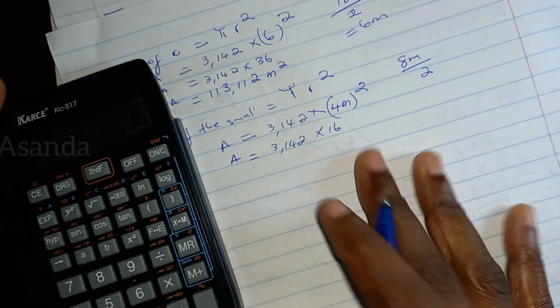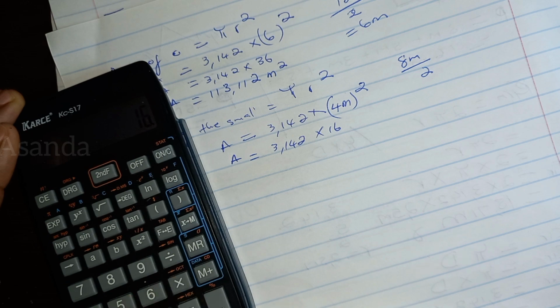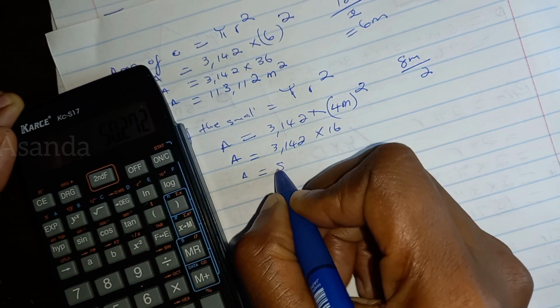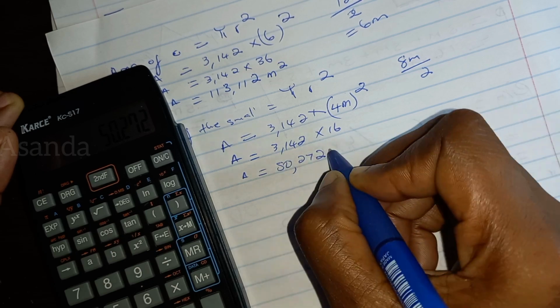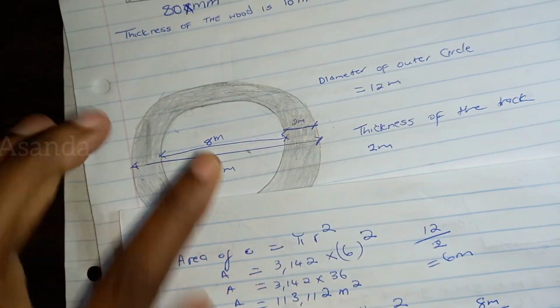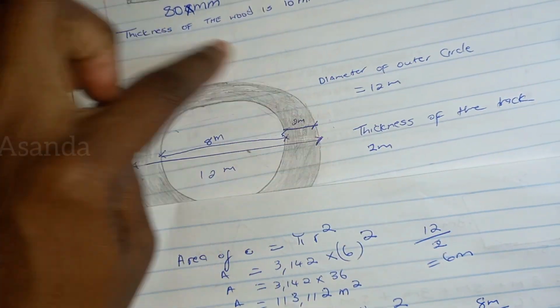Right, and then we're going to find the area. 16 times 3.142, and that is going to be 50.272 meters squared. Okay, so I now have the area of the big circle, I have the area of the small circle. I can find the shaded part of it.